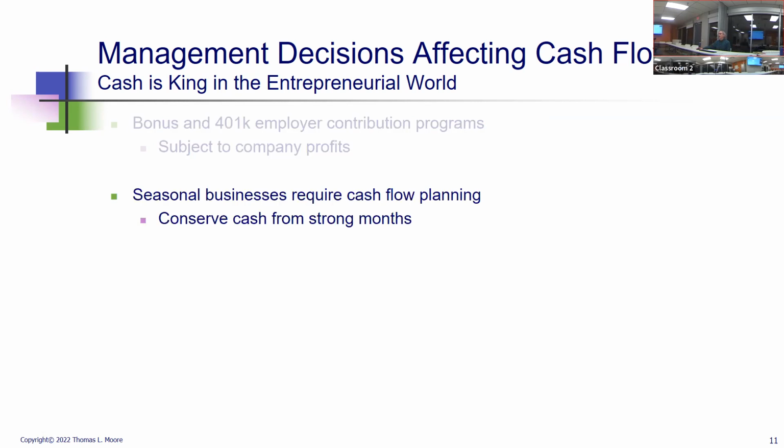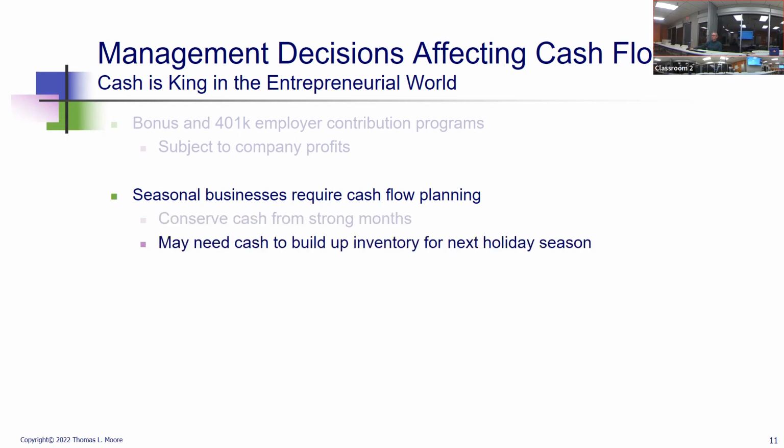Some other things that affect cash. If you have a seasonal business where your cash flows are fluctuating or seasonal, you want to make sure that you conserve cash during strong months when you may need that cash later on in the year. You may need to build up inventory for the holiday season.